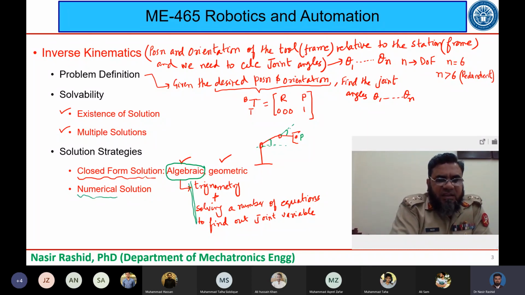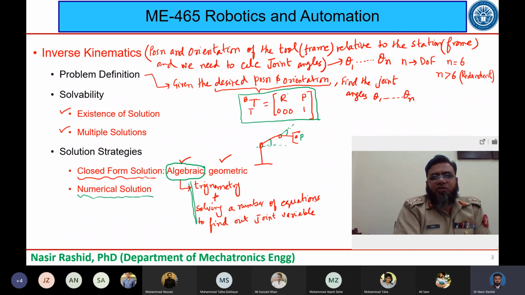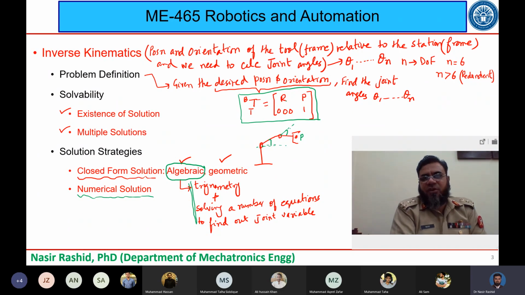Then the second is the numerical solution. Achha, what do we do in the numerical solution? We have some equations with us for all the, when we talk about this matrix. So we have values here in this, and these are related to some equations. आपको याद होगा कि ये चीज़ हमने derive भी की थी, और अभी next कुछ slides में I'm going to show that to you also.